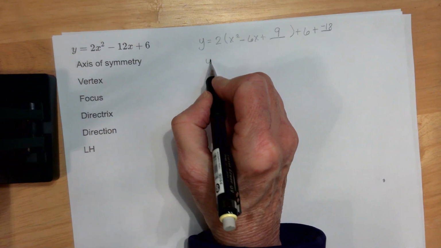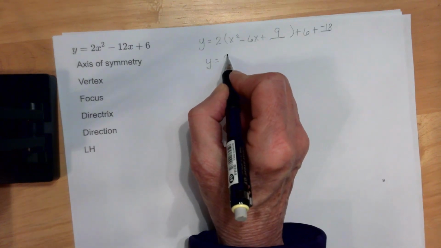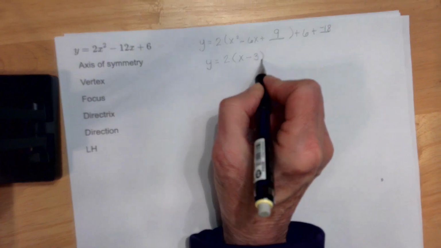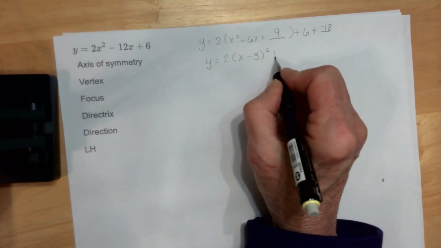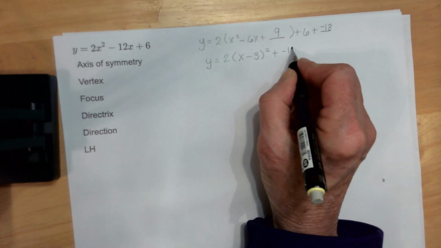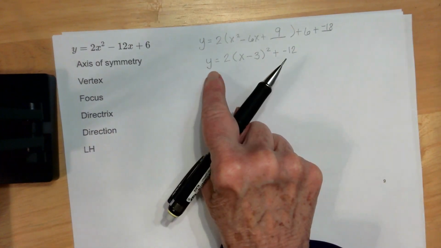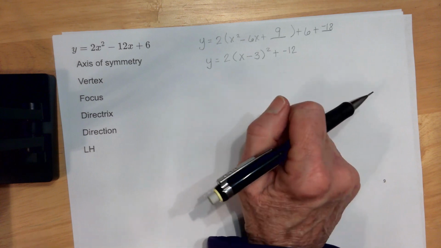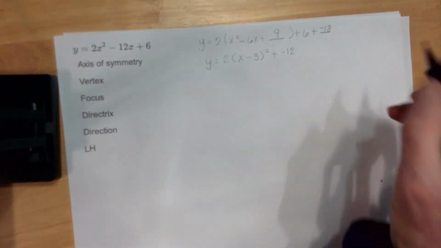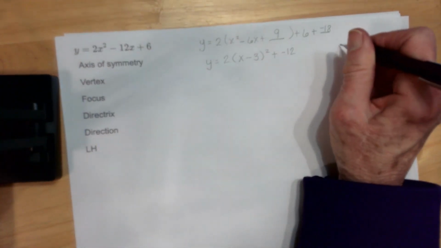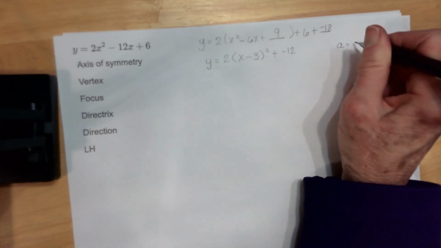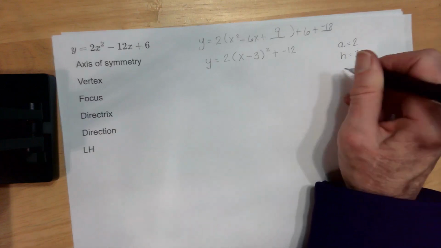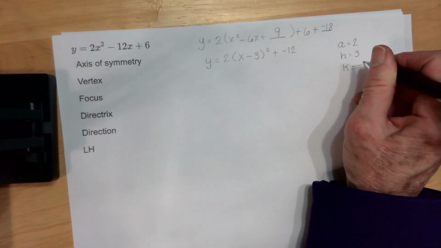So now I have y is equal to 2 times (x minus 3) squared plus negative 12. Okay, you see it's a y equals, so I know it's going to be the parabola that opens up and down. So I'm going to put my values out here. I've got a is equal to 2, h is equal to 3, and k is equal to negative 12.